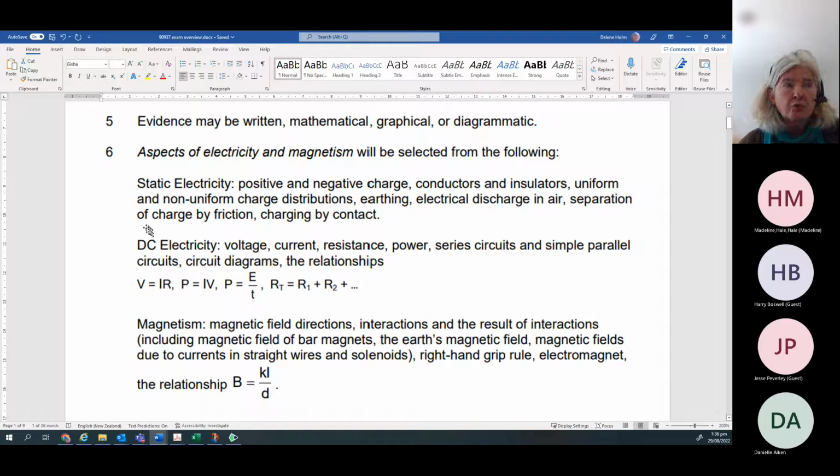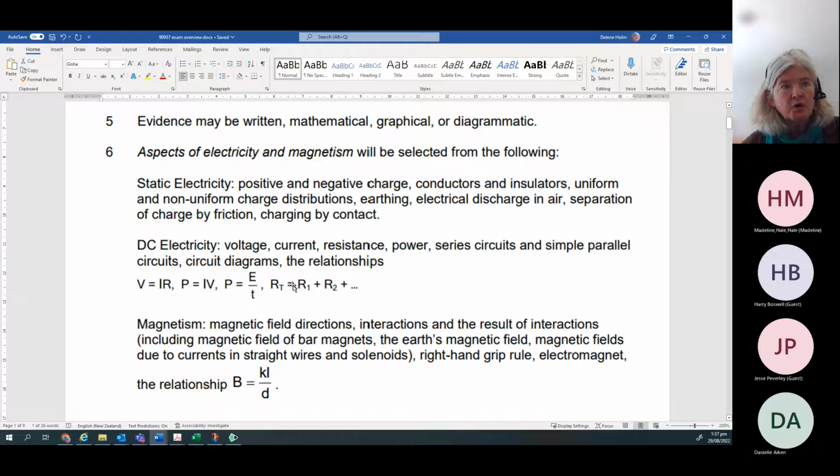Then for the circuits, you can get simple series circuits, simple parallel circuits, and we'll look at that when we go through some questions. The 2017 paper that I picked only actually had series circuits and no parallel ones. So if you struggle with parallel, go through that No Brain Too Small and look at some questions.